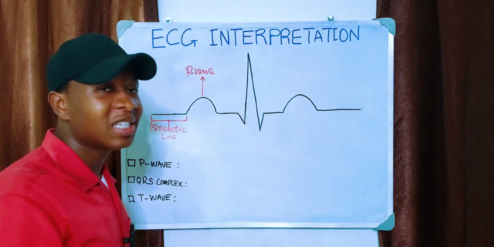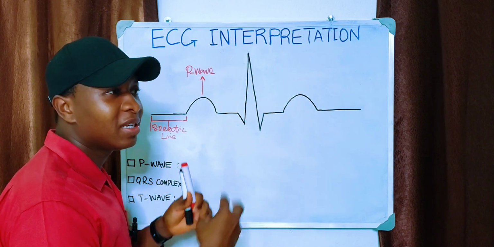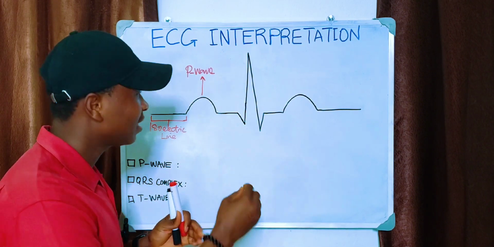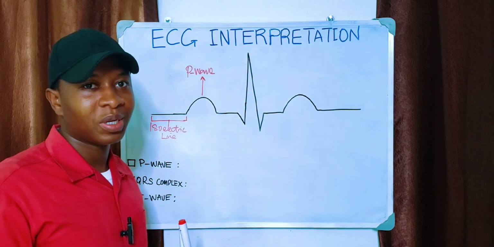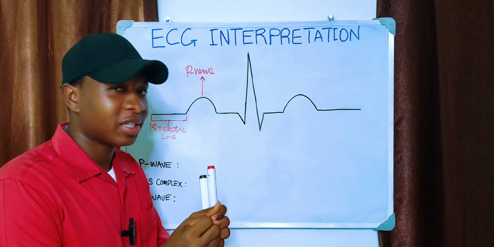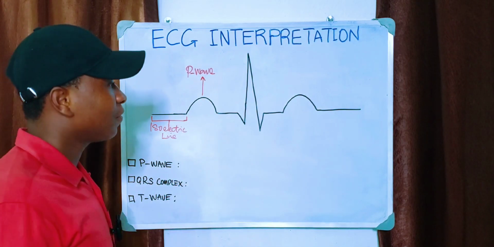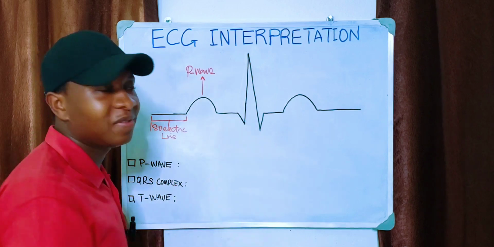This actually signifies depolarization. So when you have that depolarization at the SA node, you have this little bump, and that signifies that the atrium just contracted.